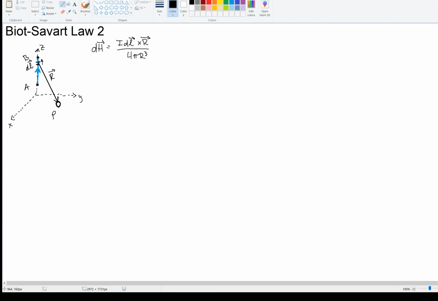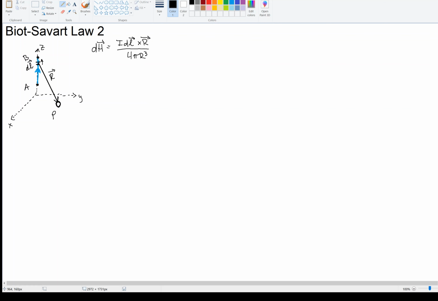Now, I'm going to use cylindrical coordinates here, and you'll see why I'm using cylindrical coordinates when we get to the answer, because I know how the magnetic field behaves due to a current carrying wire, and after this example you too will also know how the magnetic field behaves due to a current carrying wire.